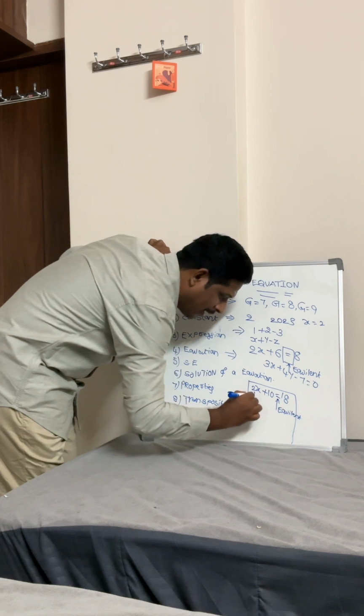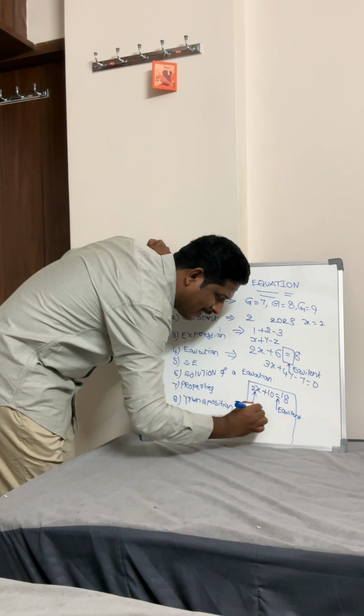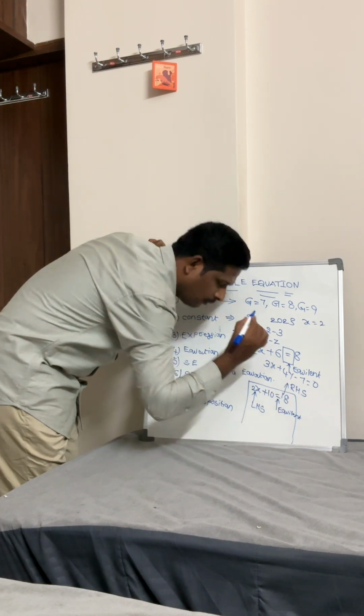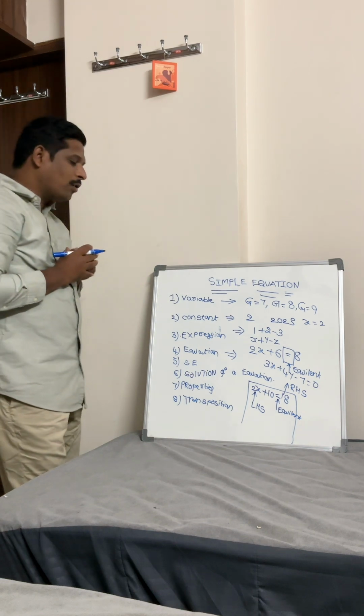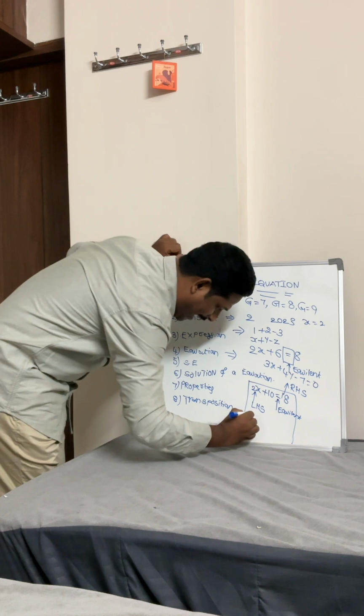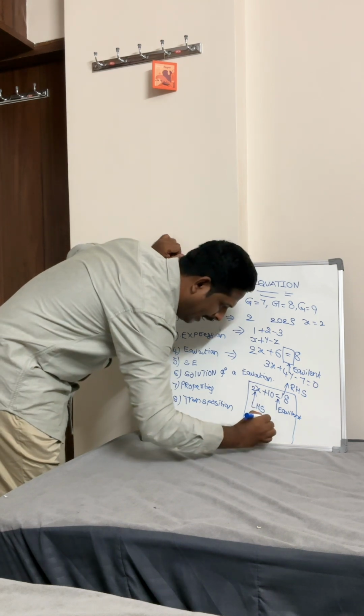This is our LHS, left hand side, and this is our RHS. 2x is equivalent to 18 minus 10, 8.